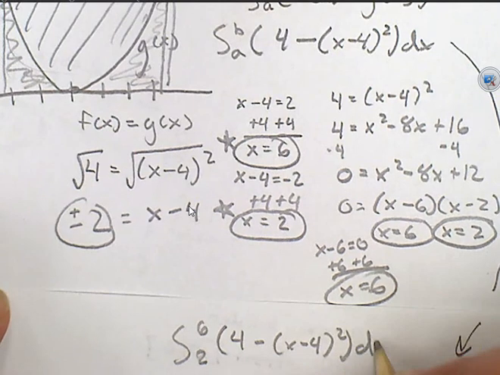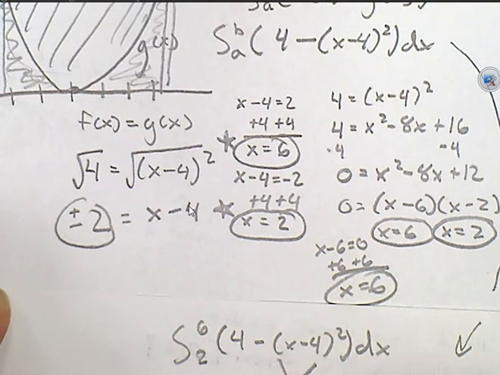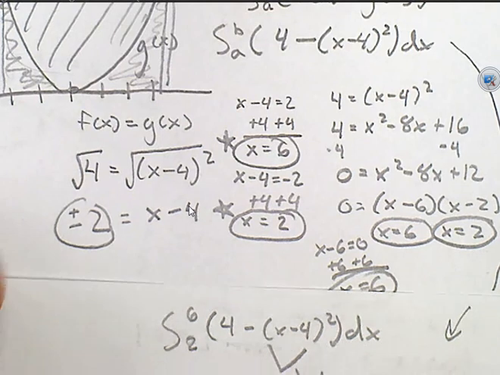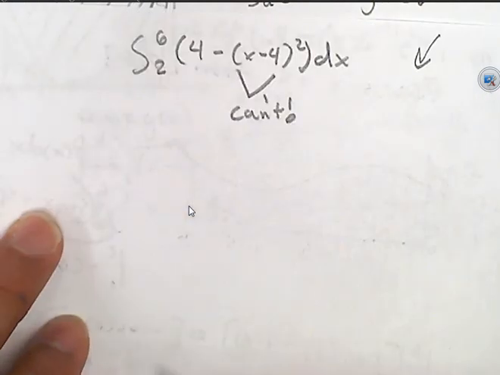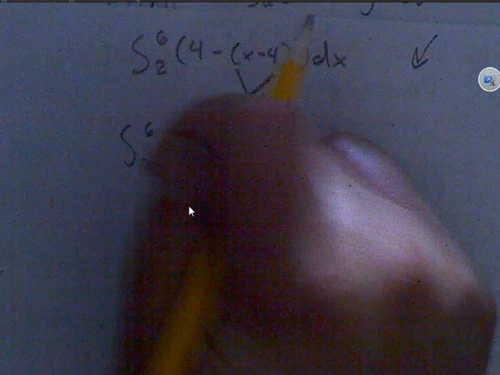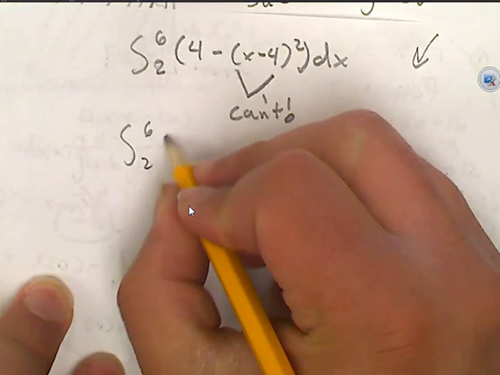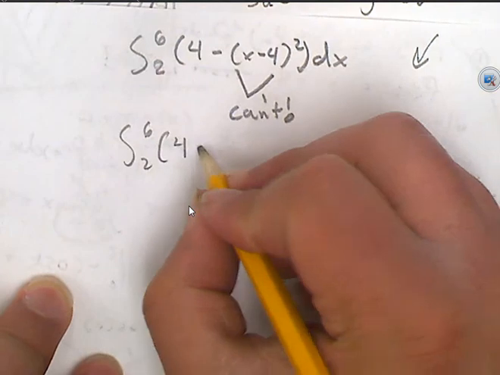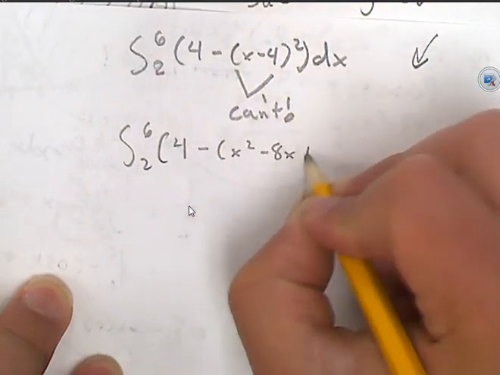Now I can't integrate that as it is because it's a function inside of a function. So just FOIL it out. From 2 to 6, sorry about the light there. 4 minus x squared minus 8x plus 16.